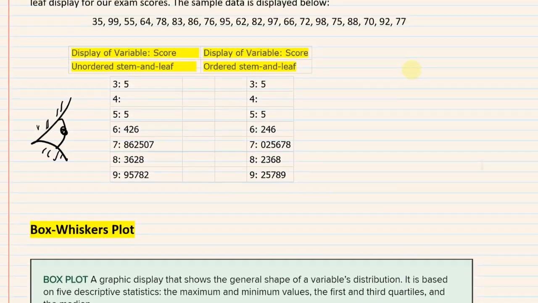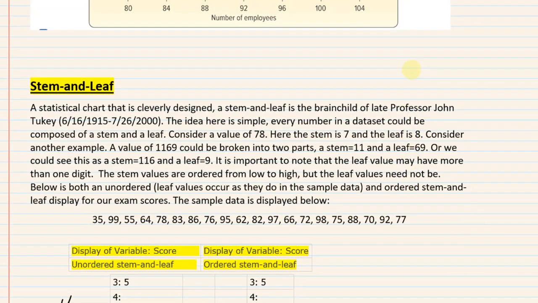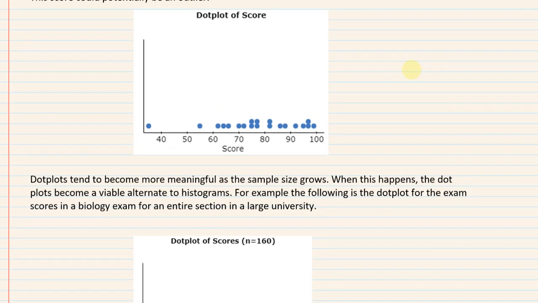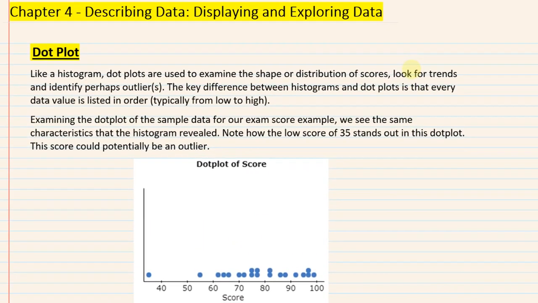This was box and whiskers, this was a stem and leaf, and these were the dot plots. Again, all three of these are used for quantitative variables. We don't do these for qualitative variables. These are for displaying data for quantitative variables.